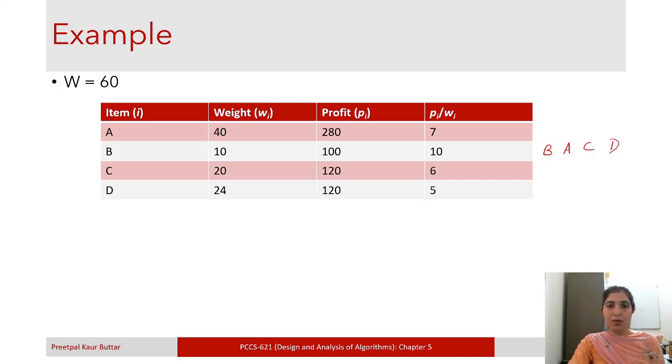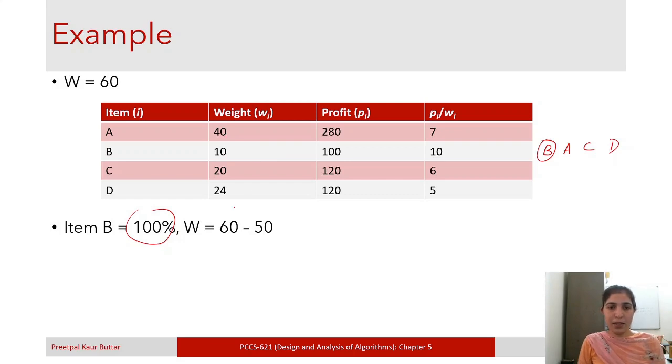So first we will pick item B. Item B will be picked 100%, right? After picking 100%, the weight left in the knapsack will be: total weight is 60 and the weight of item B is 10, so its weight is 10, and we will be left with 50.